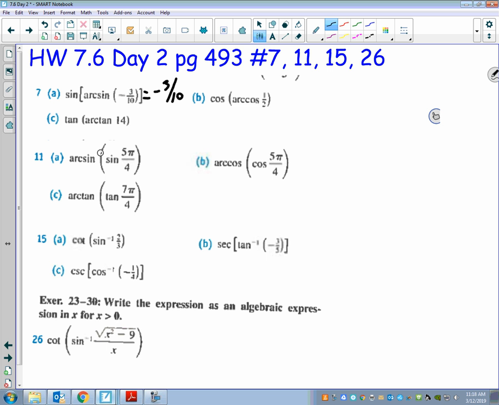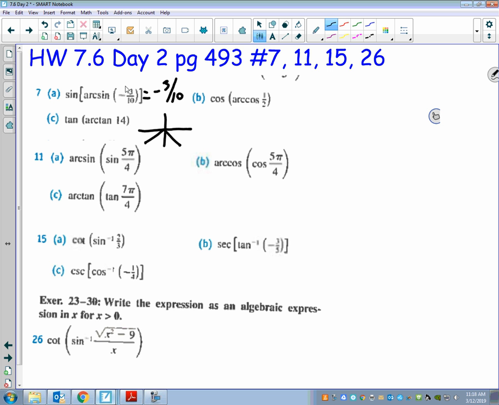But when you get down here to number 11, 5 pi fourths, 7 pi fourths, 5 pi fourths, those are not in our restricted domains and ranges. And so you have to think about what angle is that true for, or how would I get there? And so like 11a, 5 pi fourths is over here. So what angle in my restricted range has the same sine value as 5 pi fourths?